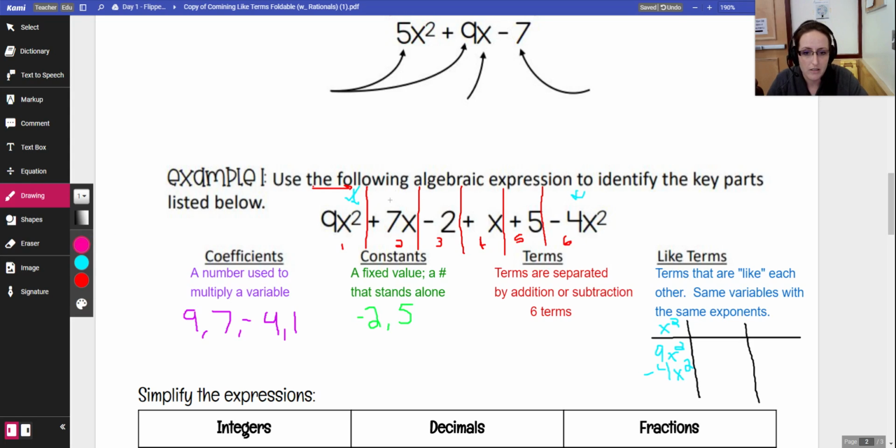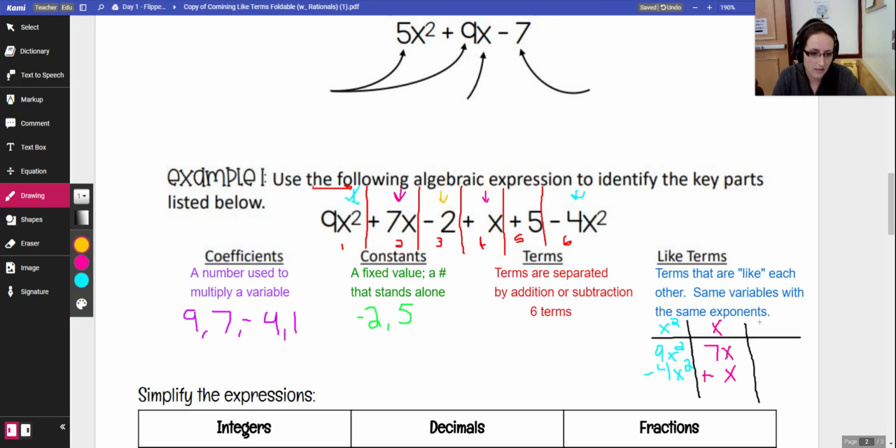Now let's say, okay, now I've got my 7x. So let's just go ahead and say I'm looking for all x terms now. So I have 7x. What other x terms do I have where the x stands alone? The answer is I've got the plus x. So I'm going to have plus x. And last but not least here, I'll use orange, -2.